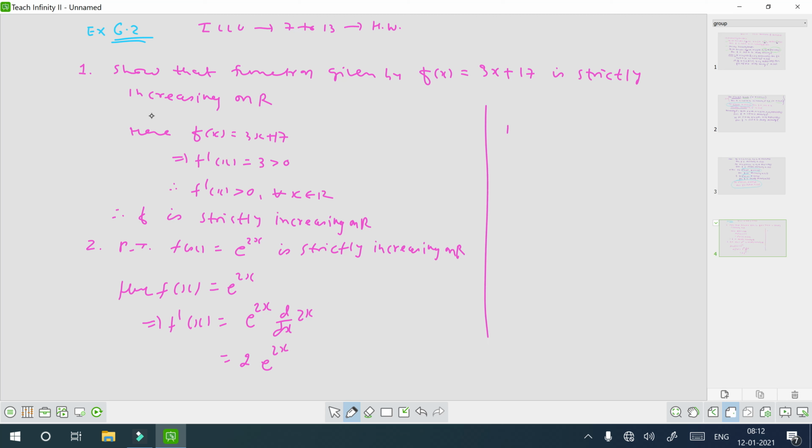Now for all x belongs to R, e raised to 2x is greater than 0. This implies 2 e raised to 2x is greater than 0. And therefore, f dash x is greater than 0 for all x belongs to R. And therefore, f is strictly increasing on R. Clear?